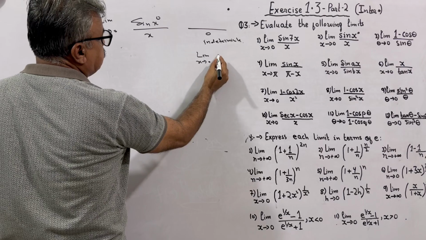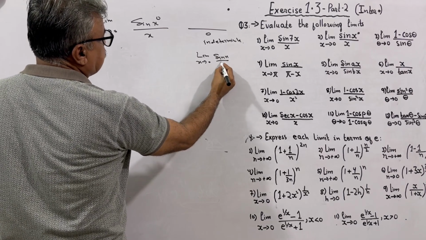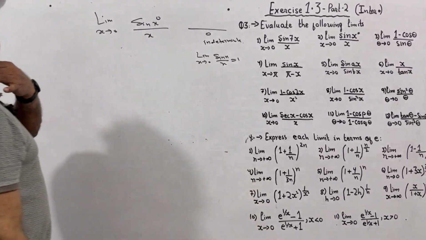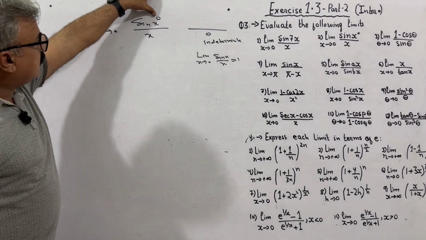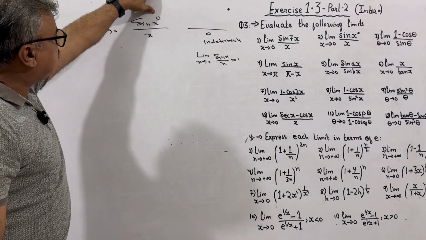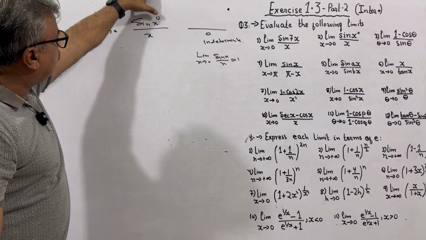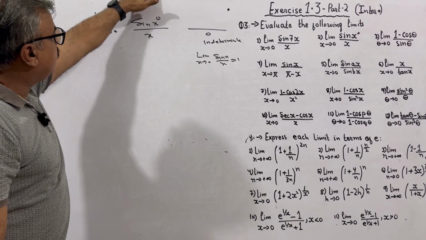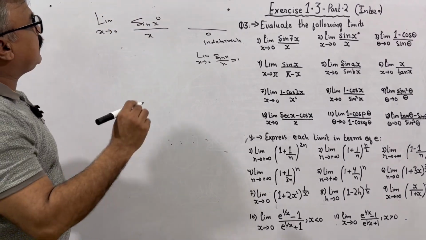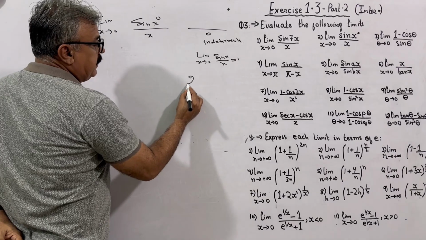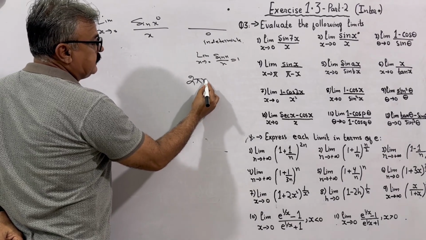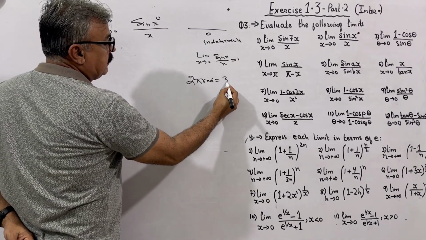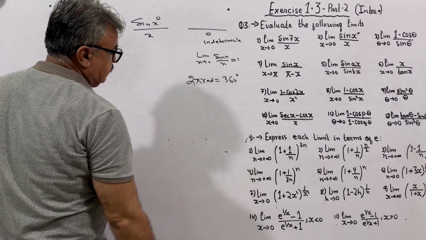Limit x tends to 0 of sin x over x is equal to 1, but the inclination must be measured in radians. We have degrees here, so we have to convert degrees into radians using the fact of trigonometry that 2 pi radians is equal to 360 degrees.